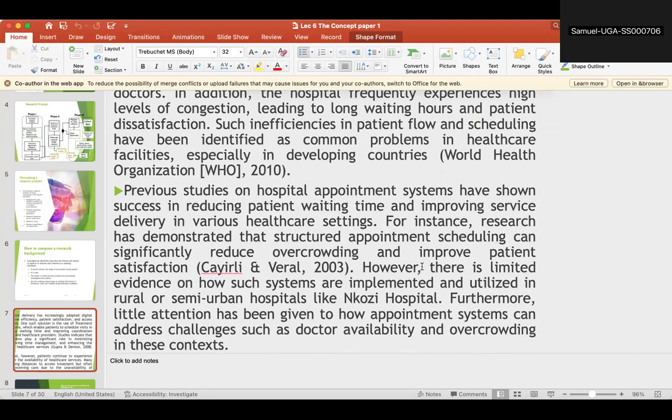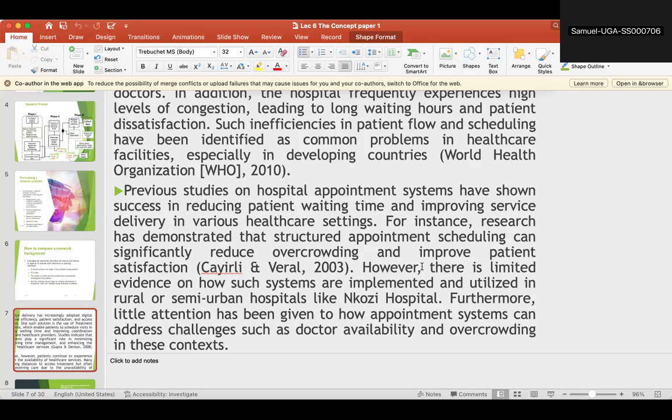Inefficiencies in patient flow and scheduling have been identified as common problems in healthcare facilities, especially in developing countries. Brackets, World Health Organization. Okay, now, World Health Organization is emphasizing that indeed, when it comes to developing countries, such challenges are common in health what? Facilities, of which even now your research is going to be conducted in a developing country, meaning that now you're coming up with varied research.